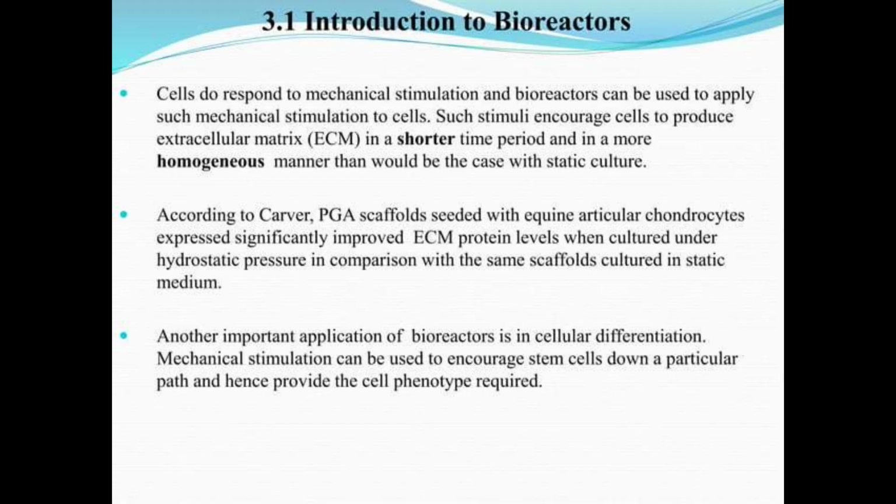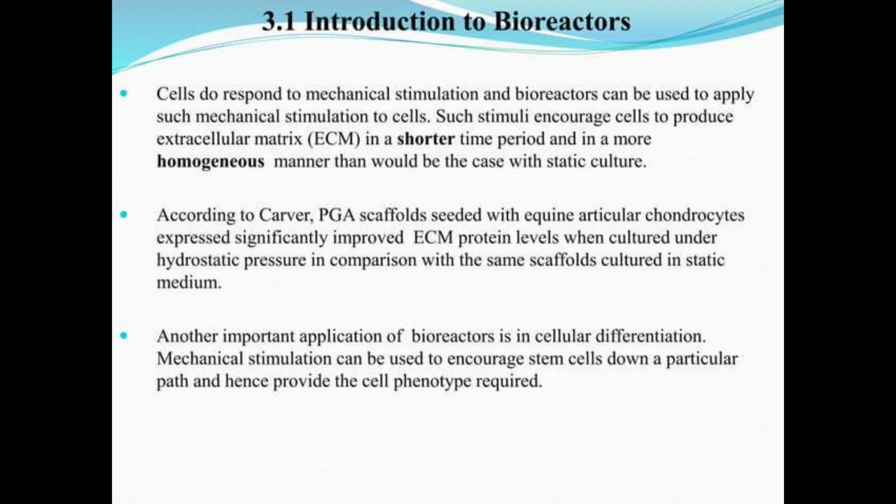The PGA scaffold is seeded with articular chondrocytes that express significantly improved ECM proteins in culture under hydrostatic pressure. This is a successful culture method that achieves results in the shortest possible time.